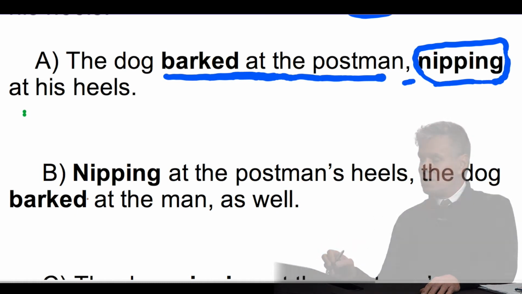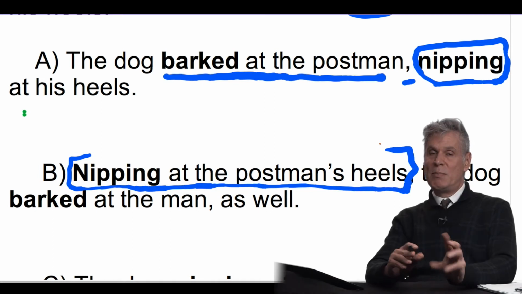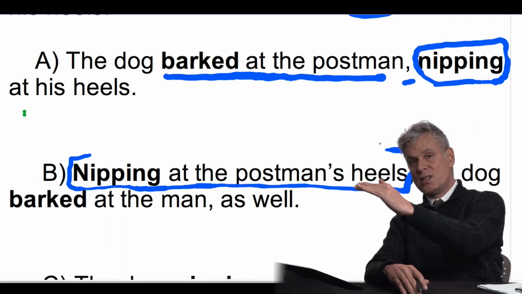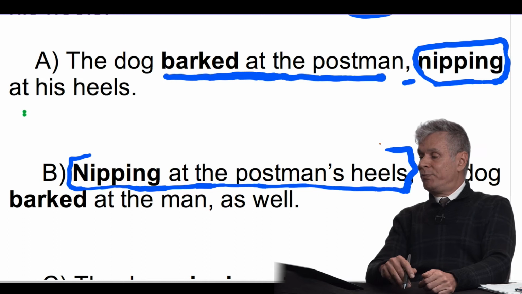So in this second sentence, we start off nipping at the postman's heels. We start out with the present participial phrase. That's excellent, especially if you've done one where you have a present participial phrase at the end of the previous sentence.